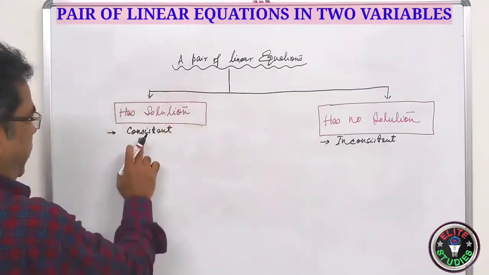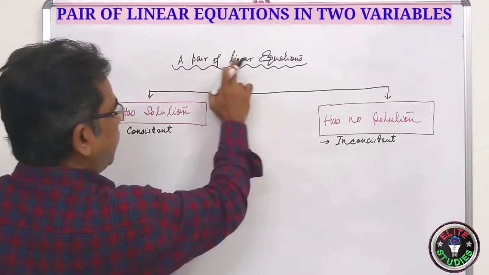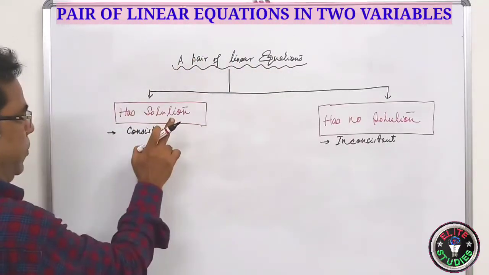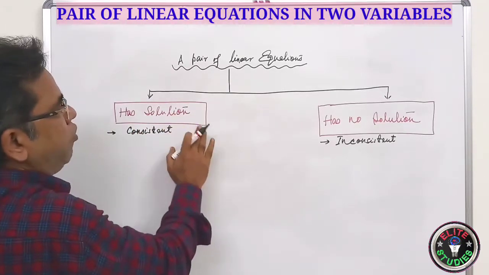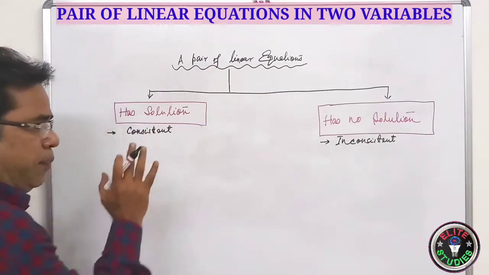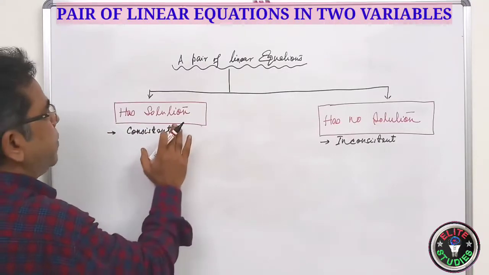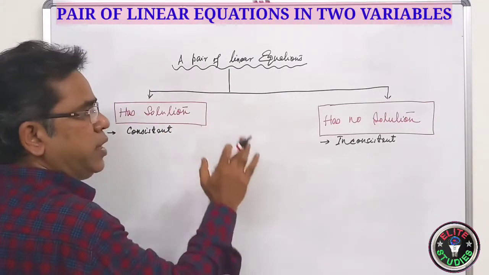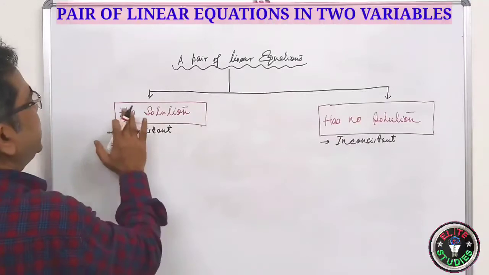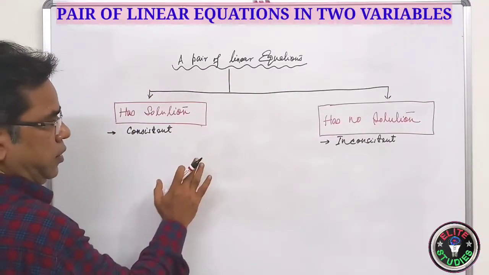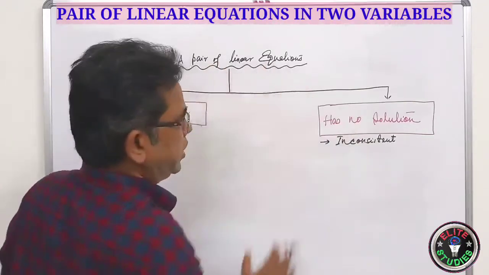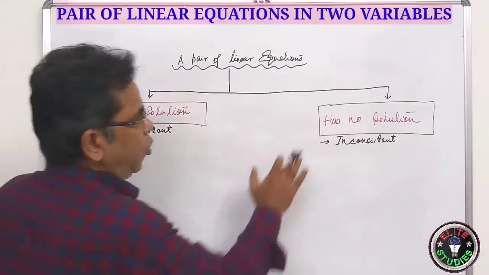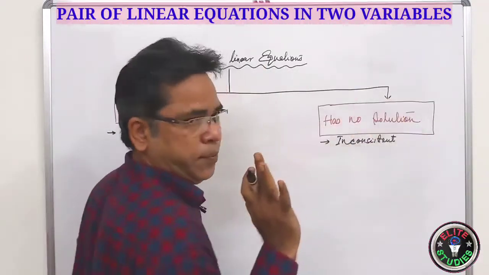Again, I will repeat. A consistent pair of linear equations is one which has a solution, and an inconsistent pair of linear equations is one which has no solution.